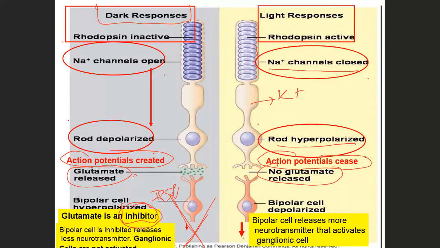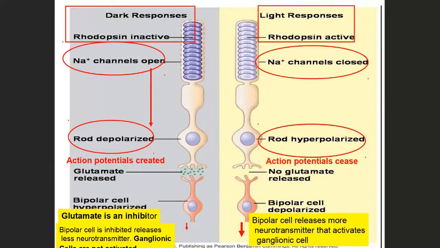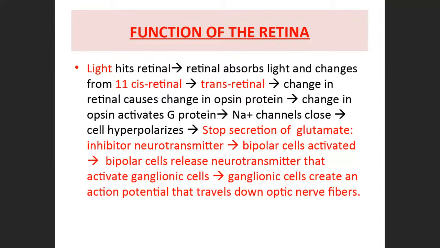It changes retinol from cis to trans, closes sodium channels, stops the action potentials, stops glutamate release, and now bipolar cells can be active and depolarize and send signals to the ganglionic cells. Okay, let's just go over what we just talked about.